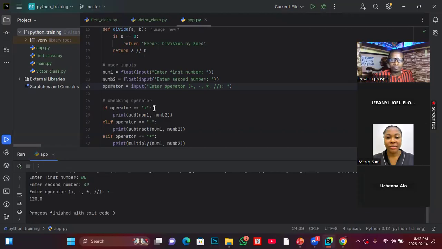So the reason why you are putting the 2 division signs is for you not to get a decimal number, maybe like 1.1, 1.2, when you are running your code. But if you are doing for others, you don't need to put 2 plus or 2 minus or 2 times. Do you understand? So I think that's how I can best explain.